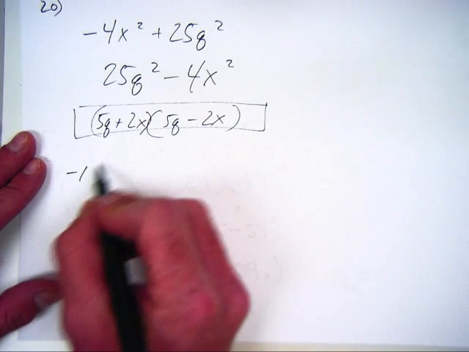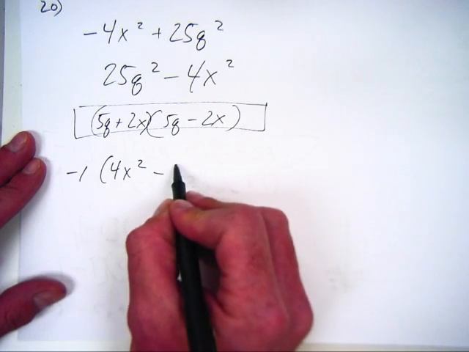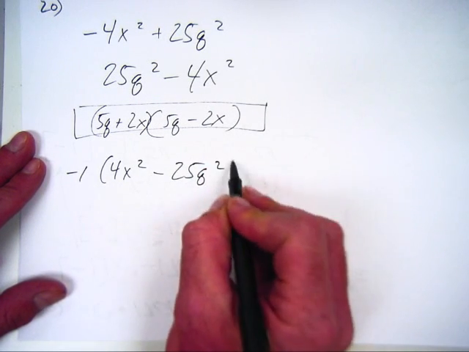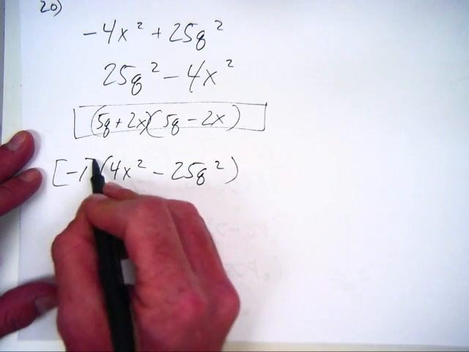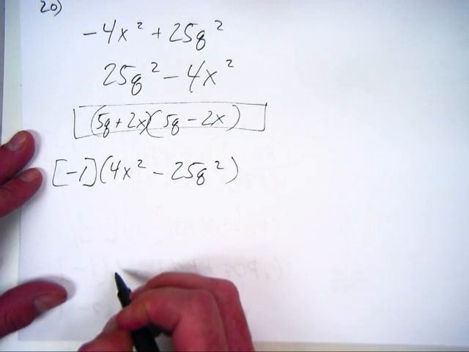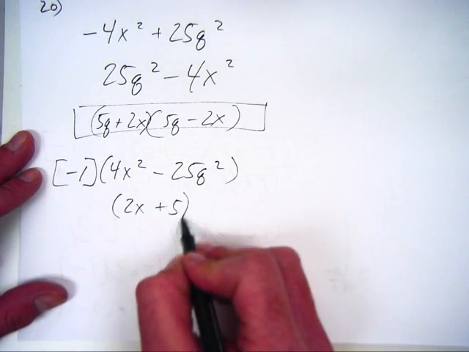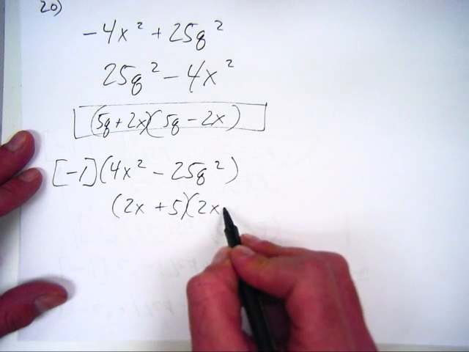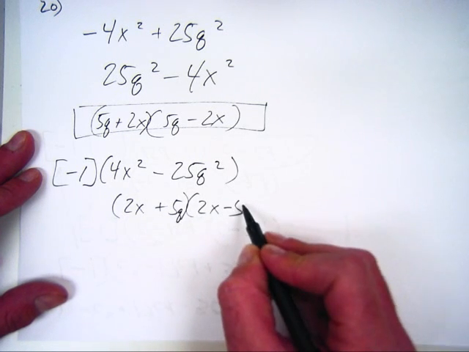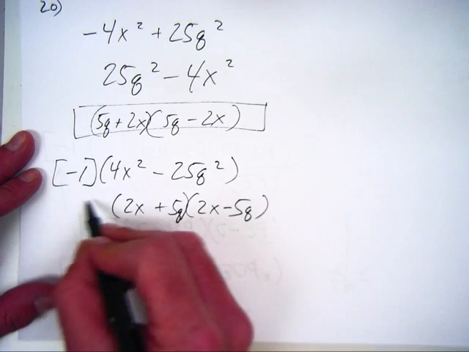If we wanted to factor out a negative 1, we could. We get negative 1 times 4x squared minus 25q squared. So we end up here with 2x plus 5q, 2x minus 5q.